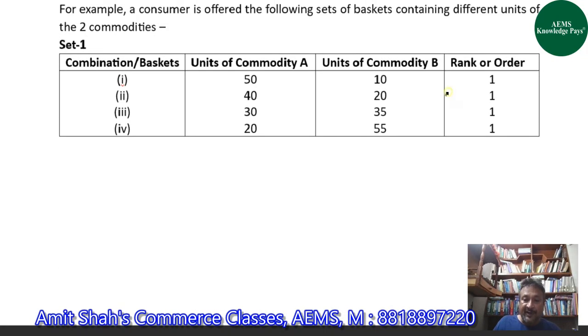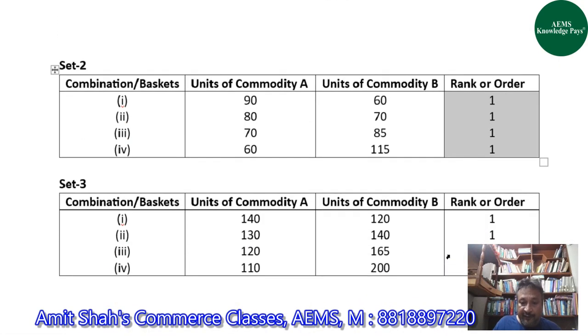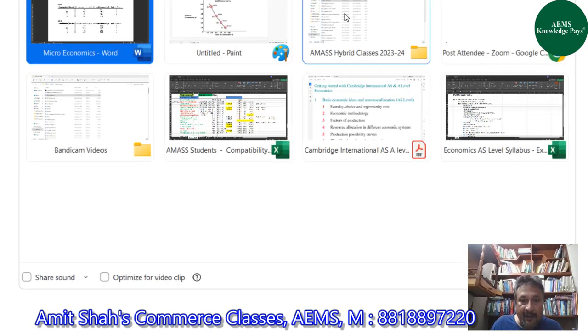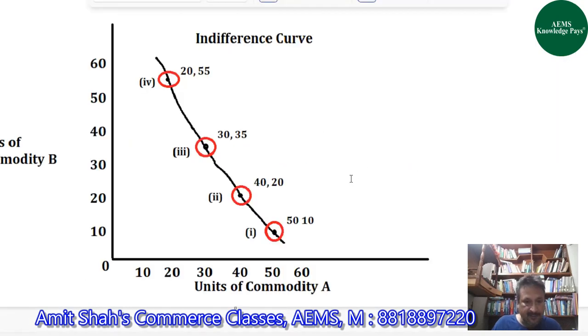Now, since the consumer has given equal rank to all the four baskets in each of the three sets, with these three sets, we can make three different indifference curves. When we make them on the same graph, we call it an indifference map. So our indifference map would be looking like this.